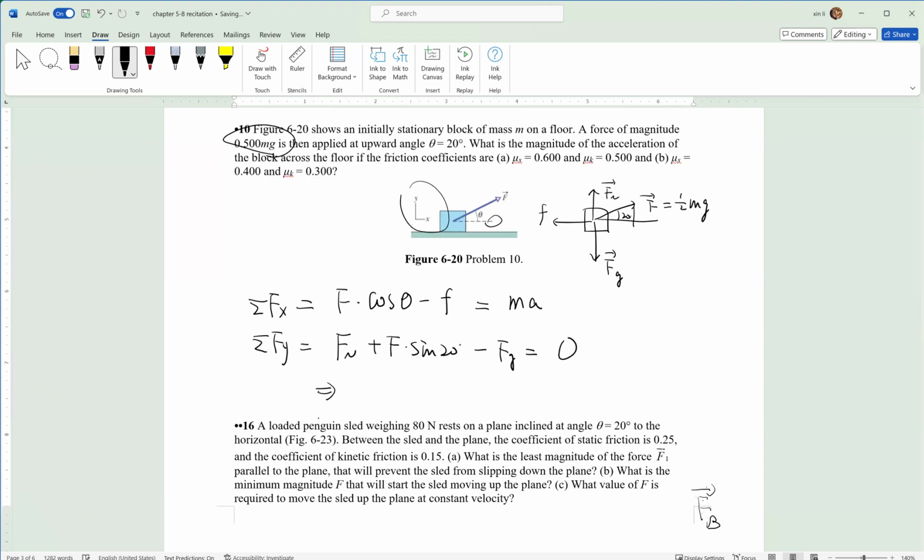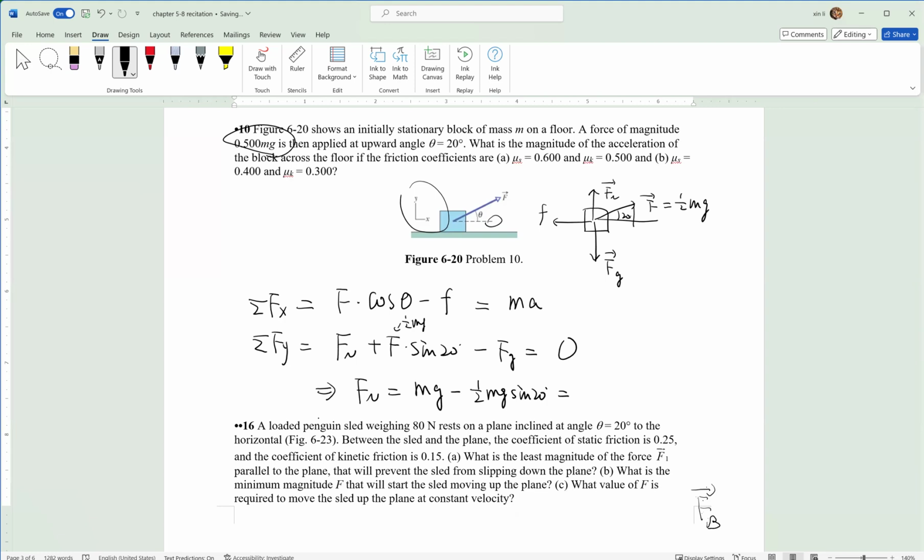So from here, you are going to get your normal force. Your normal force will be equal to mg minus F, and this is 1/2 mg, so 1/2 mg sine 20. You can do the calculation.